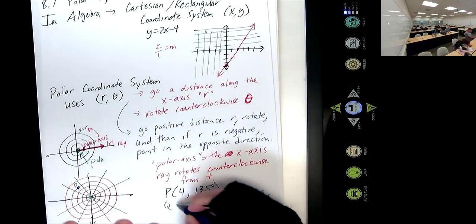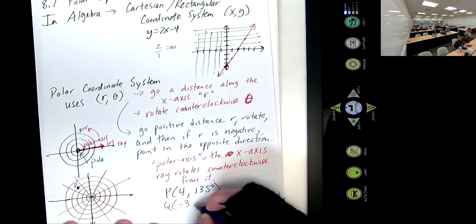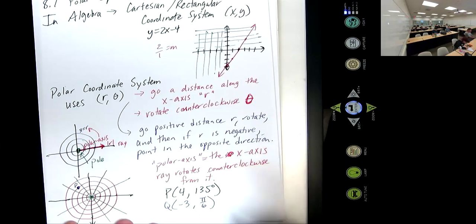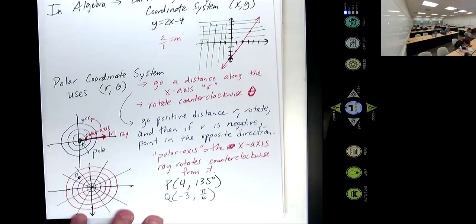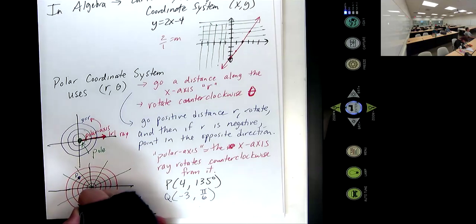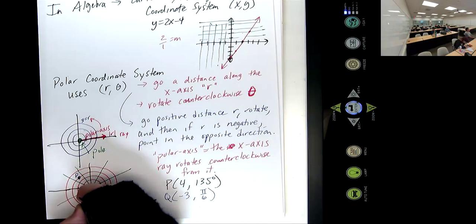What about Q, -3, pi/6? There are 2 ways to get this. One of them is to go -3 from the center. Go left 3. Rotate counterclockwise, which is this way, pi/6. Pi/6 is how many degrees? 30. One, two, three, puts us right here.